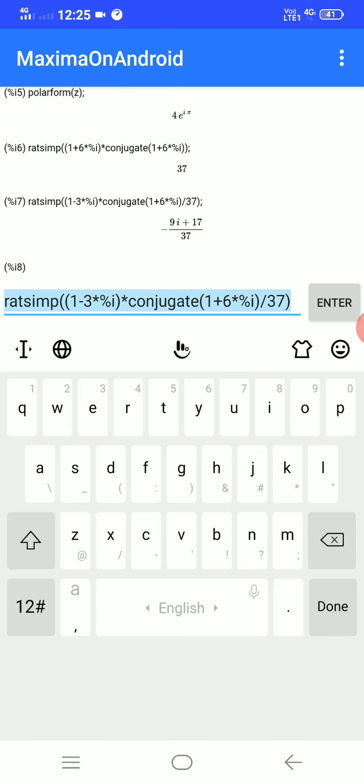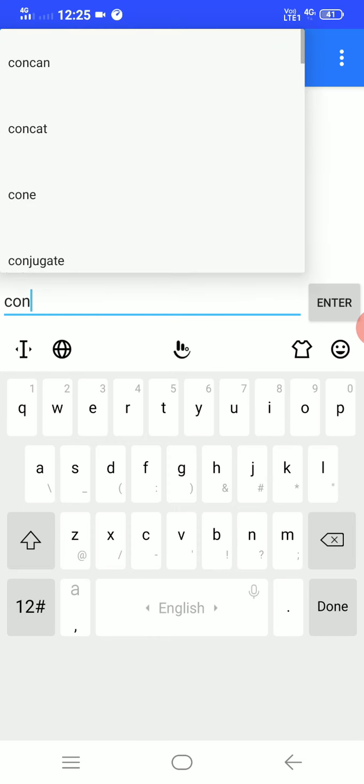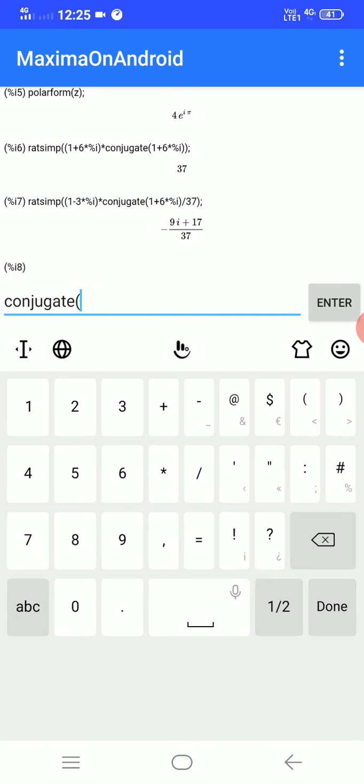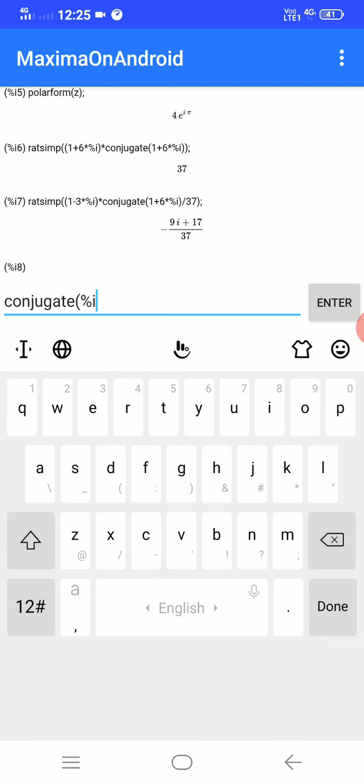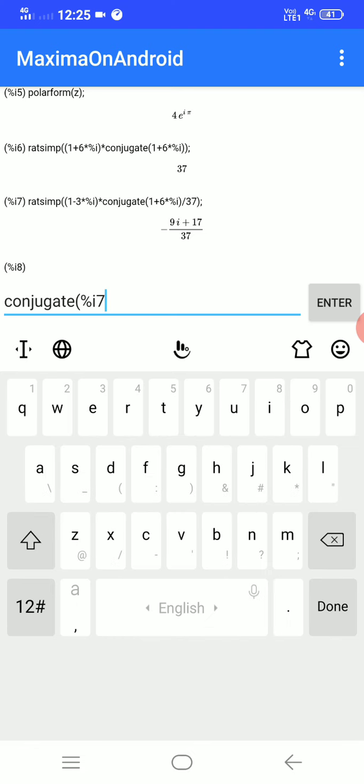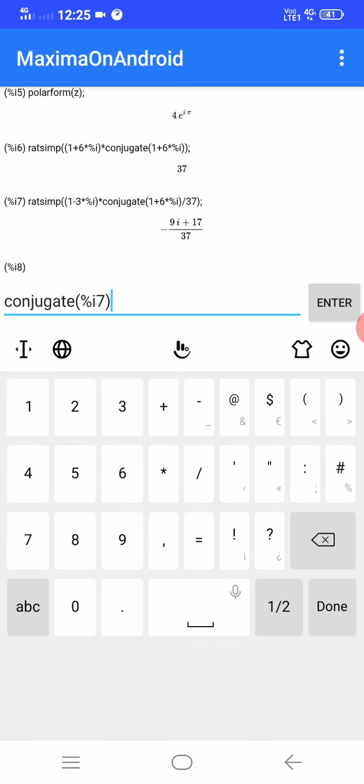Next, first question, find the conjugate. Using the syntax conjugate of the expression, then enter.